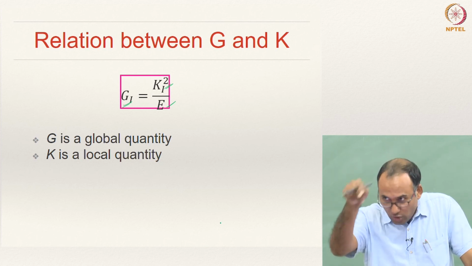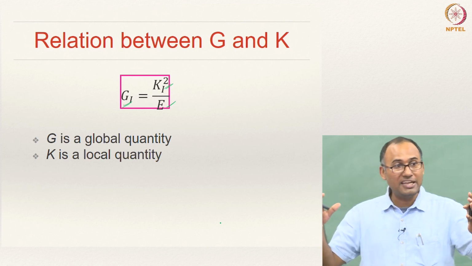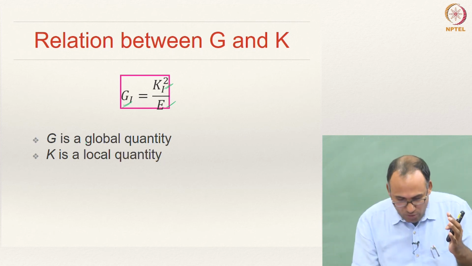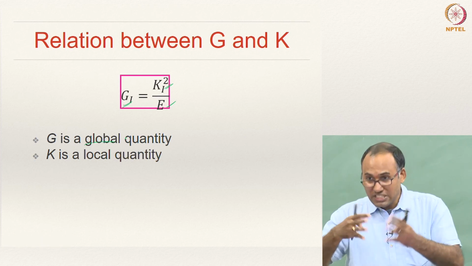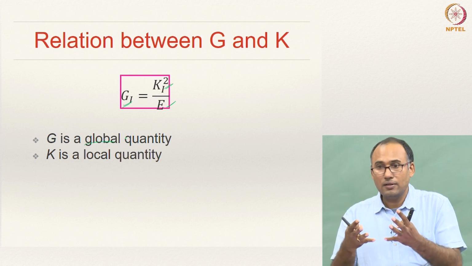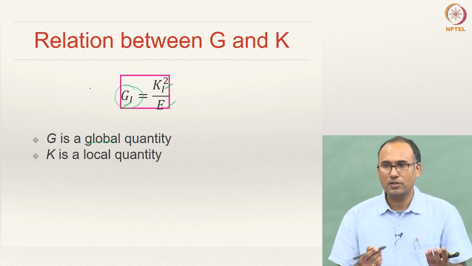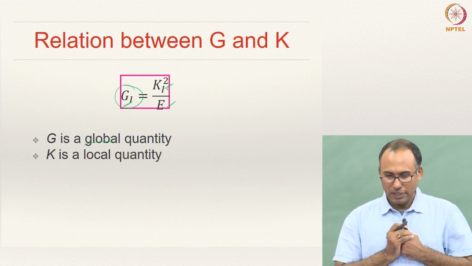So that means it is a local quantity. When we are talking about energy release rate, we are talking about the total energy of the entire component, right? And hence it is a global quantity. How K defined at the crack evolves changes the way that G evolves. So they are directly correlated, G and K1, right?